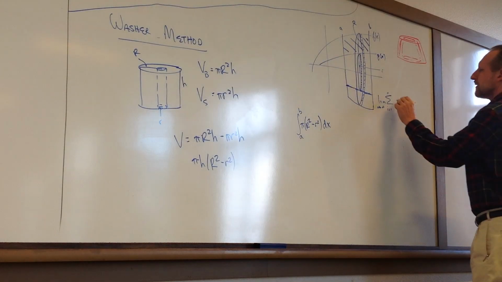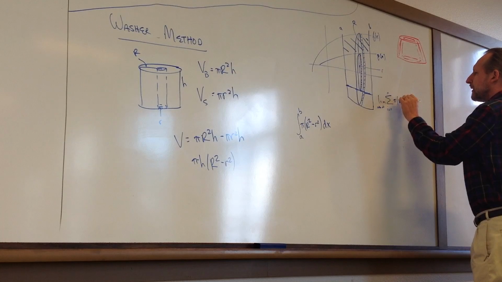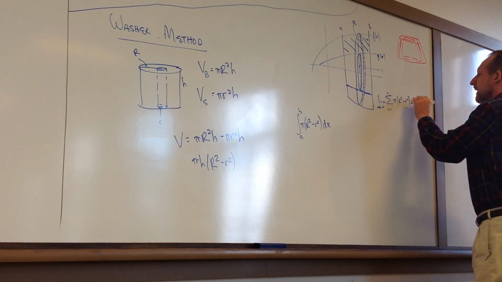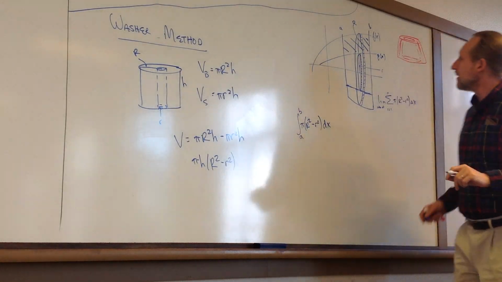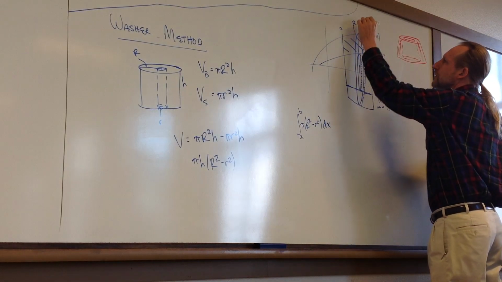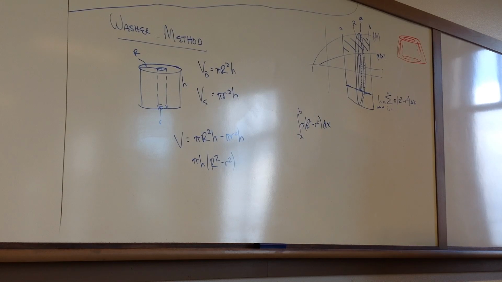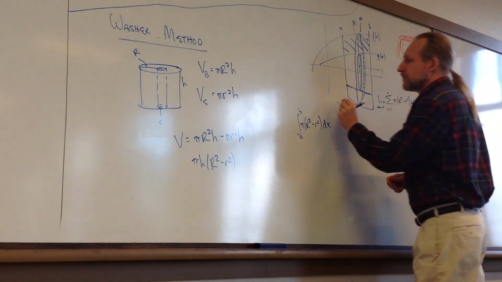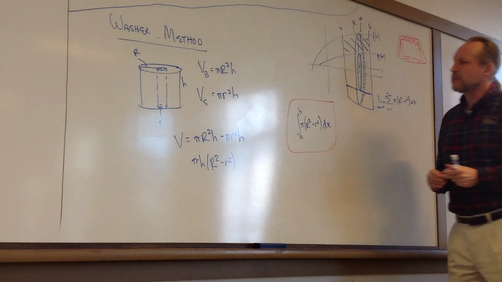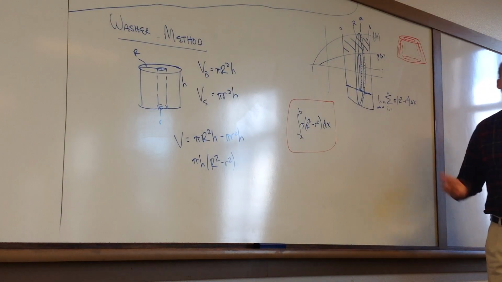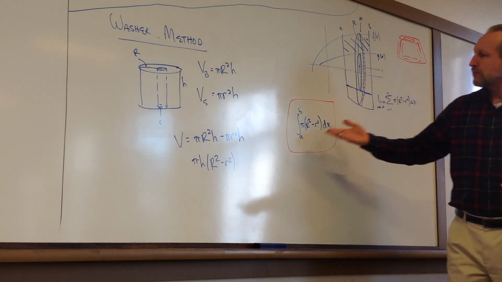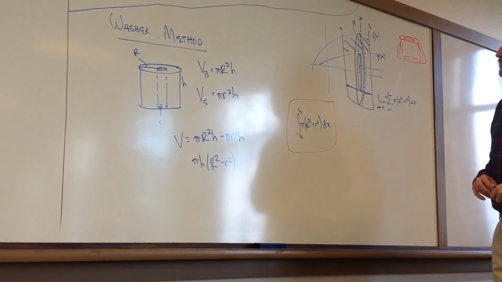And so this is going to be pi big R squared minus little r squared, and that h from our formula is this delta x right there, that thickness. Okay? And so this is our second formula that's on the formula page for the washer method. It's pi big R squared minus little r squared dx, and we integrate from a to b.